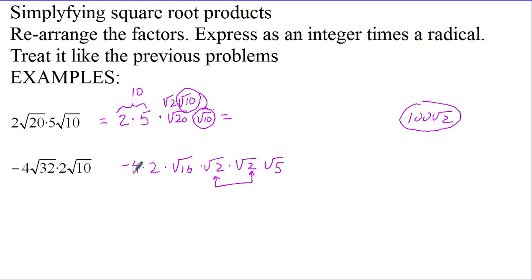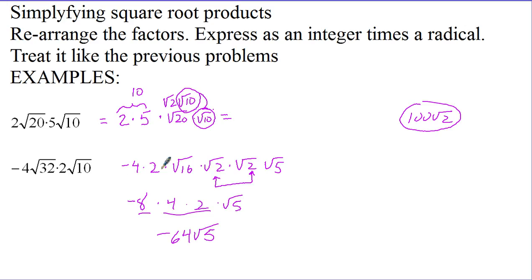So now I would have a negative 8 from the whole numbers times a 4 from the square root of 16 times a 2 from this pair of square roots multiplying times a square root 5. So this would simply be 8 times 8 negative, so negative 64 square root 5.